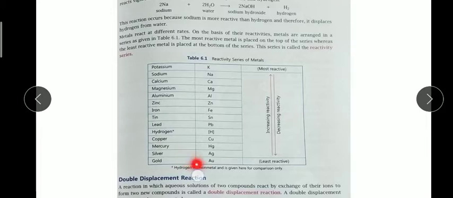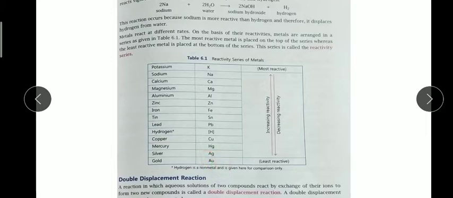So in the displacement reaction, you should always know that the elements with the highest reactivity are able to displace the less reactive metals. Potassium and sodium are able to displace silver and gold during the chemical reaction.